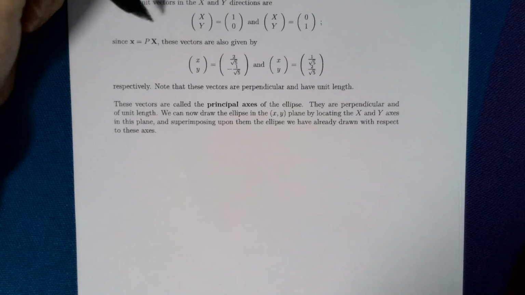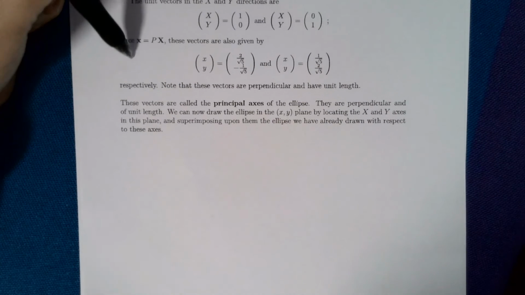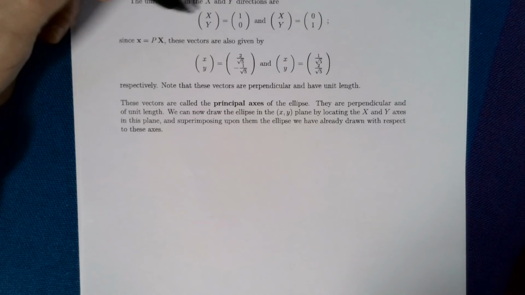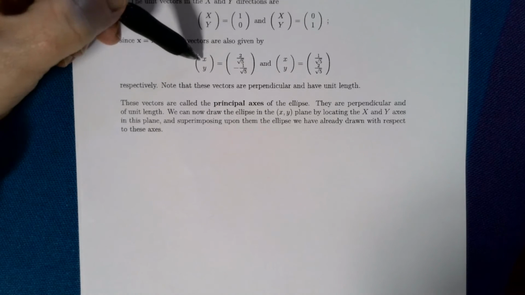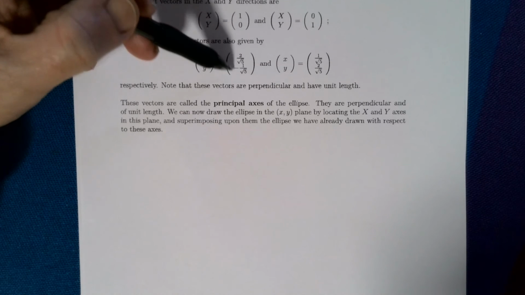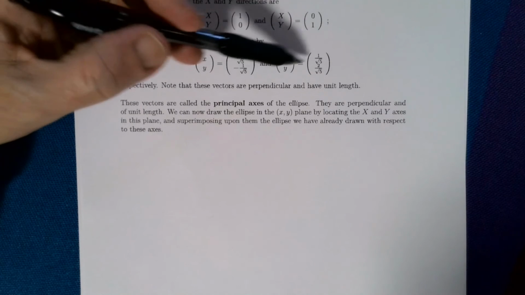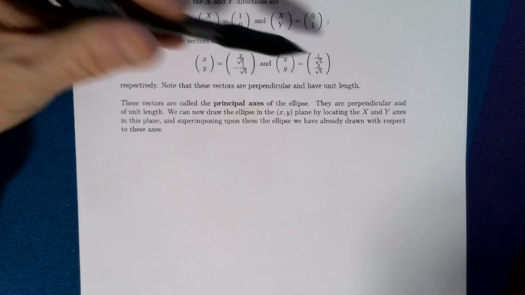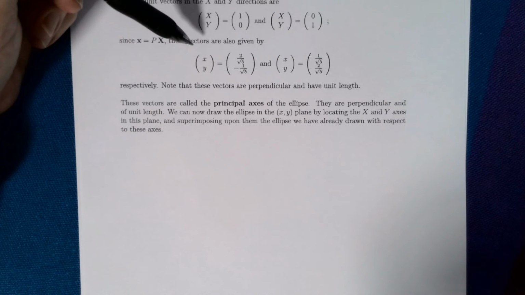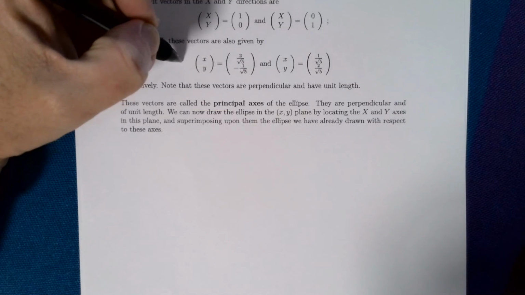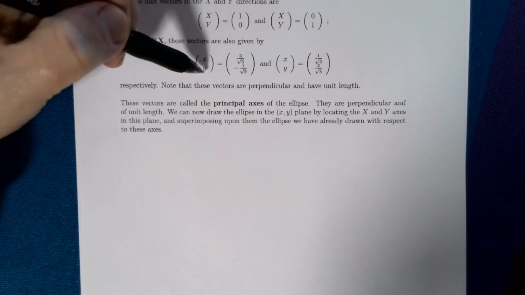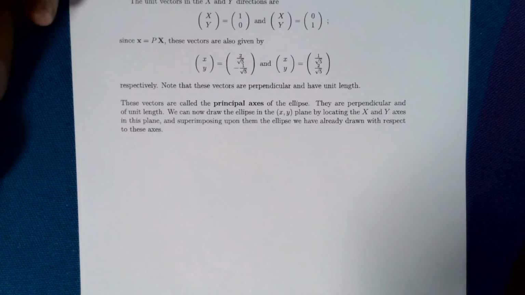And remembering that we put little xy as P times this capital XY, that simply gives me xy is this vector and xy is this vector. So these are the two eigenvectors, they're perpendicular, and this is going to give me the new X axis, and this is going to give me the new Y axis.